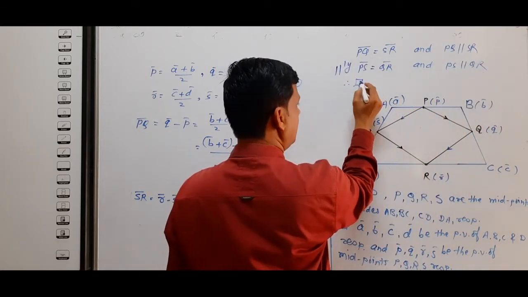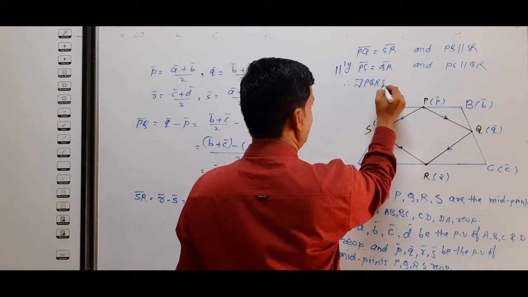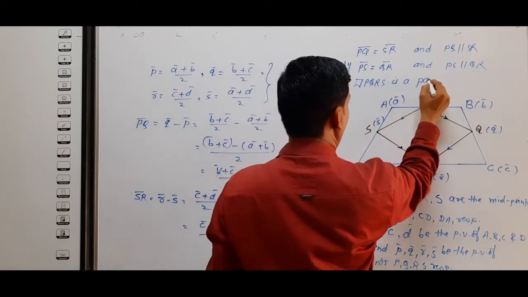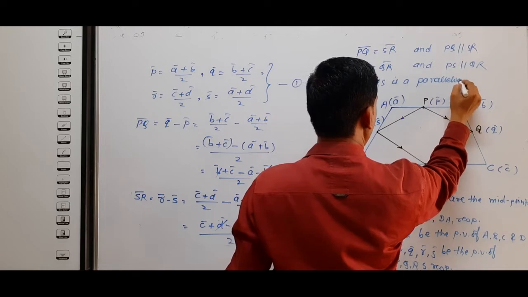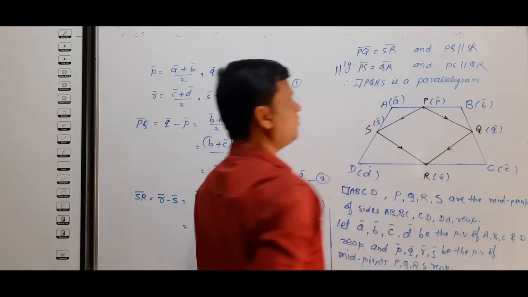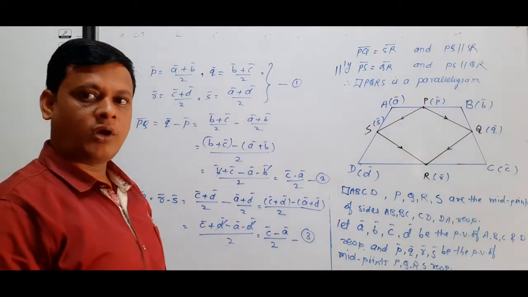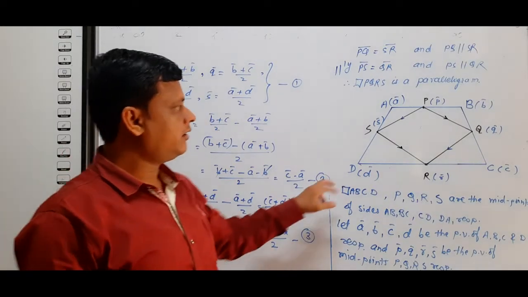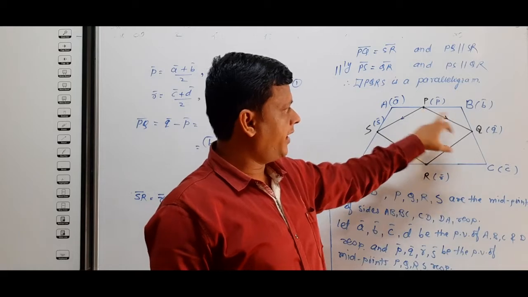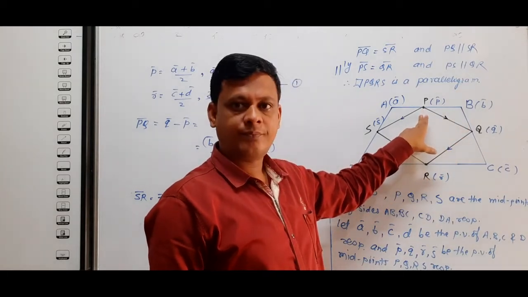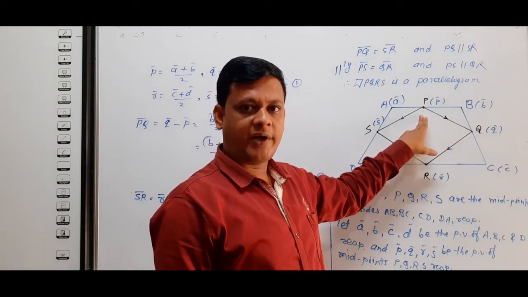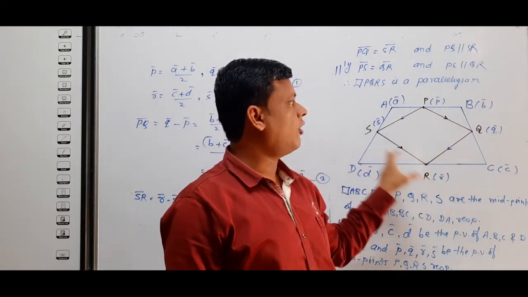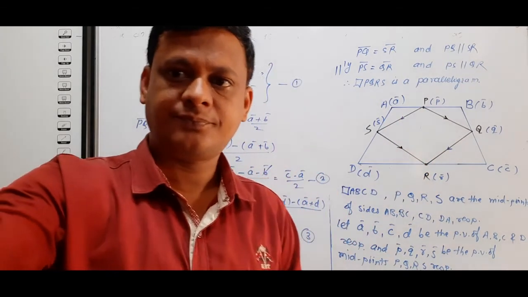Therefore quadrilateral PQRS is a parallelogram. In this way, using the midpoint formula, we show that the midpoints of the given quadrilateral form a parallelogram.